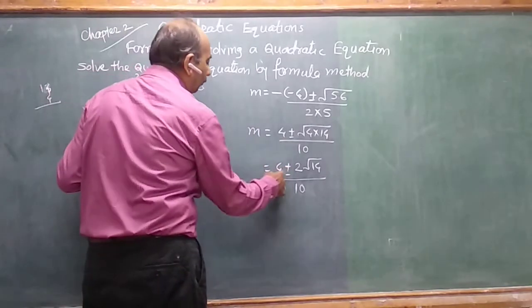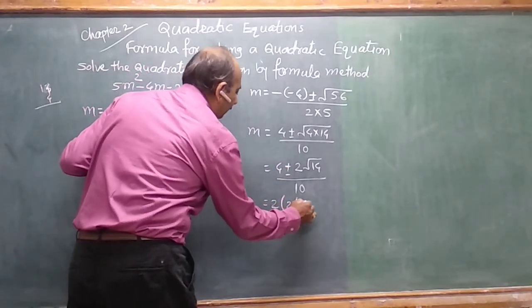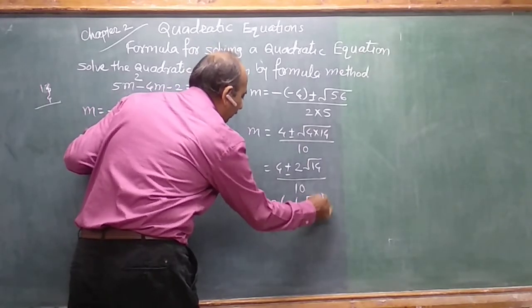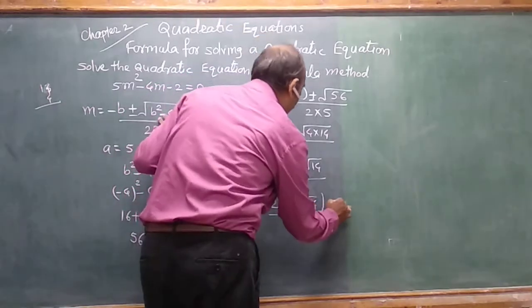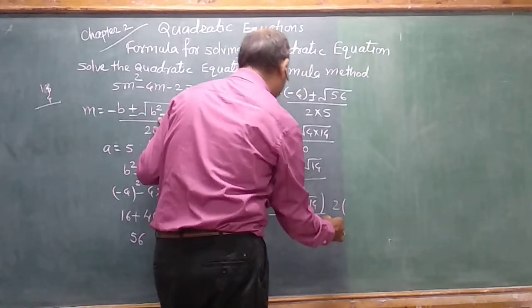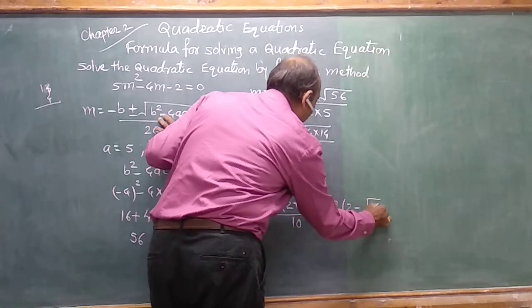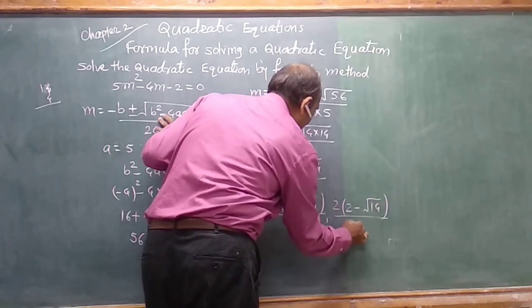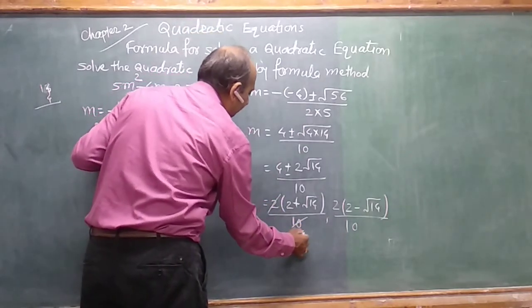So here remove 2 as a common factor: 2 into 2 plus square root of 14 divided by 10, or 2 into 2 minus square root of 14 divided by 10. So divide this 10 by 2.